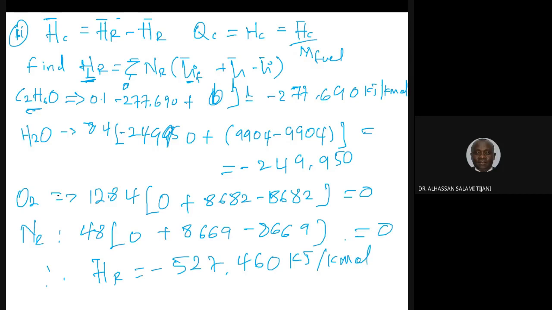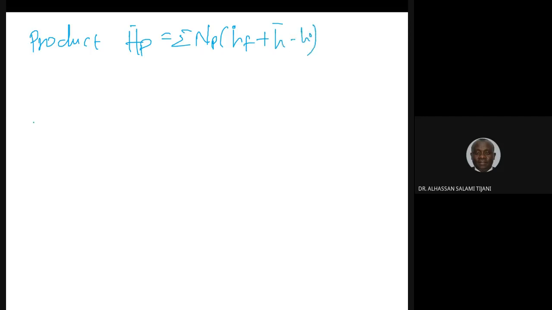Now, quickly, I've taken much of your time today. Let's go to the product side. At the product side, H bar product is the sum of the products: the enthalpy of formation at standard state plus the enthalpy at the given state minus H bar 0.